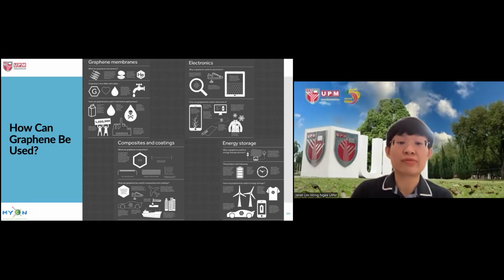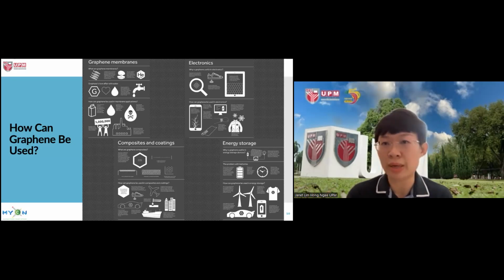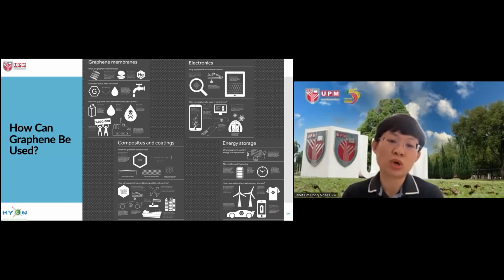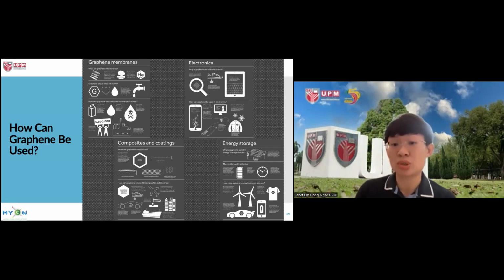So if you look at the graphene membrane, almost immediately the first industries that cross your mind would be that of the packaging industry, and then you will be able to look at the water research application. And next will be the composite, where probably you have seen some soles of shoes may contain graphene.